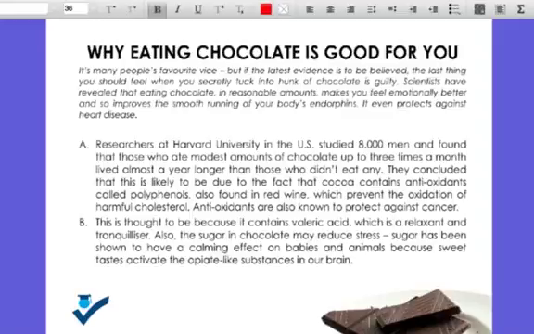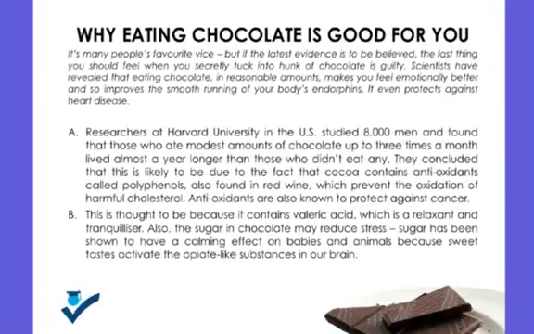Okay, if you haven't already found it, it should be in paragraph B. It helps to reduce stress because, lo and behold, you can find the word stress over here. Also, the sugar in chocolate may reduce stress. It is also a relaxant, and the opposite of feeling stressed is feeling relaxed.